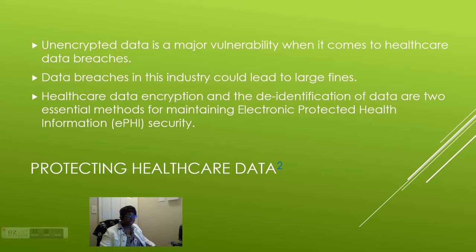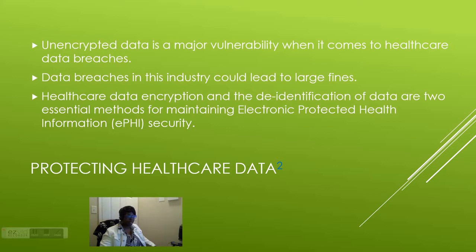Protecting healthcare data. Unencrypted data is a major vulnerability when it comes to healthcare data breaches and could also result in greater fines for healthcare organizations. Data breaches in this industry could lead to very high fines.